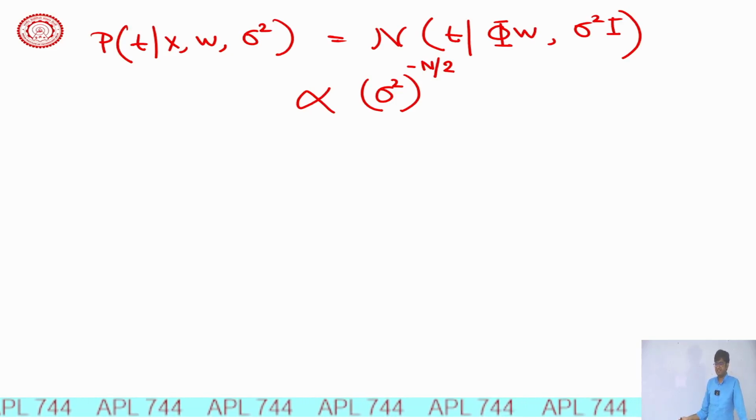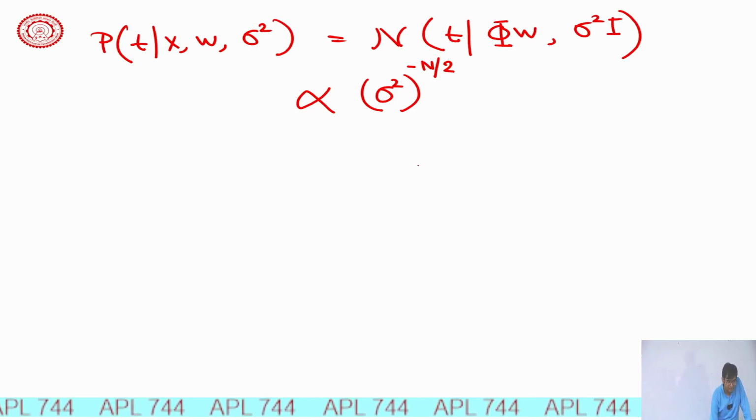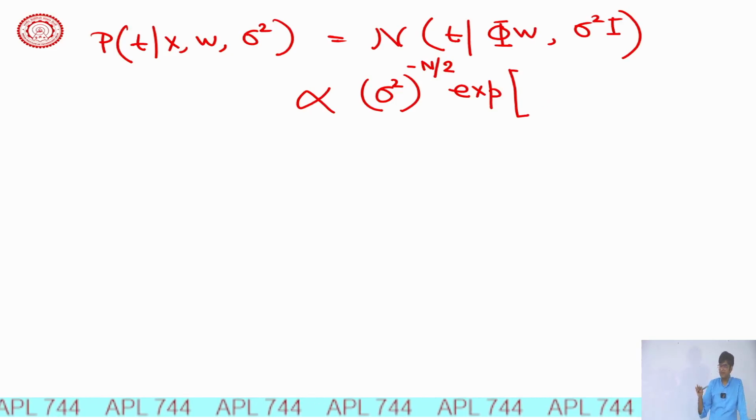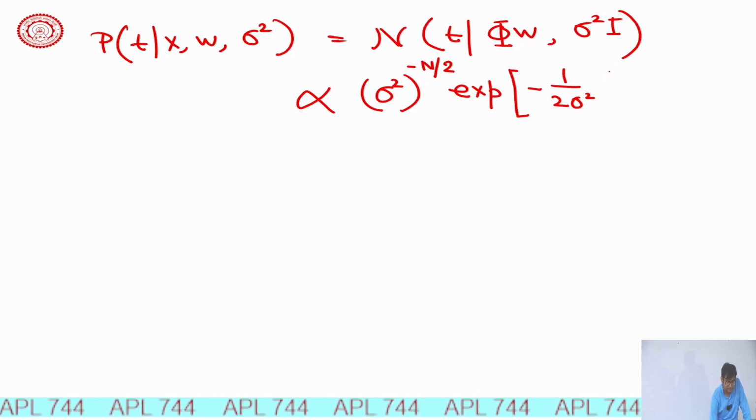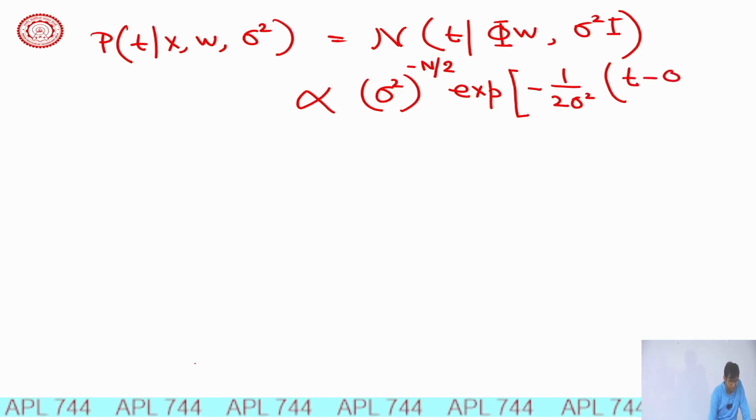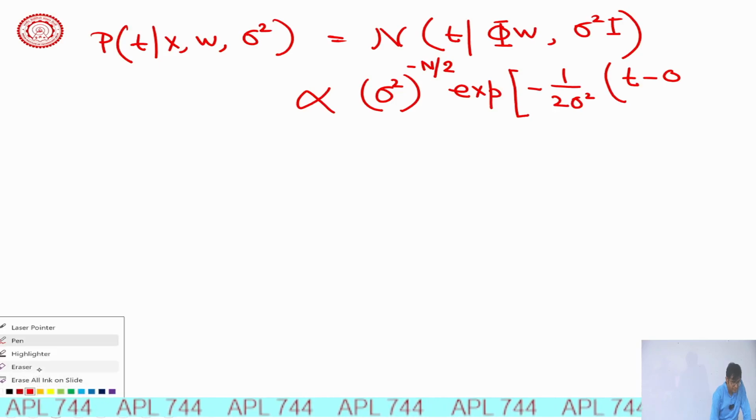The pi term I don't care about, that is a constant, so I am removing it. Inside the exponential, what will I have? Previously I wrote minus beta by 2, now I have to write minus 1 by 2 sigma square, and then I will write phi w minus t, and you know why.